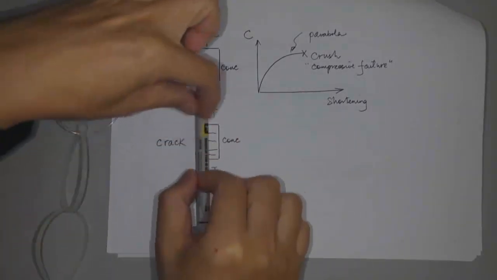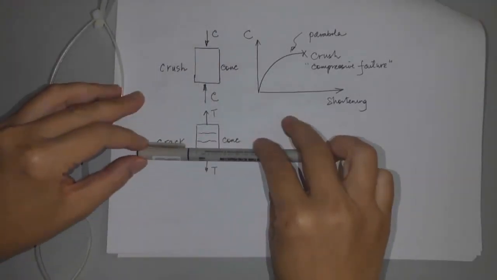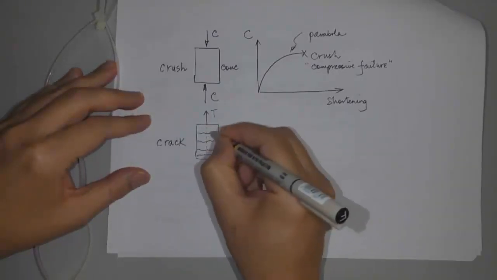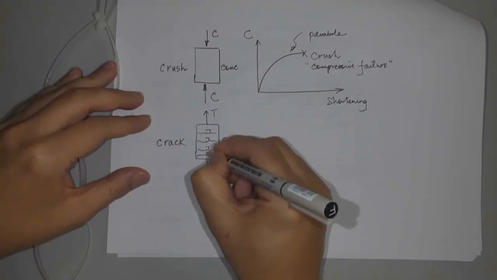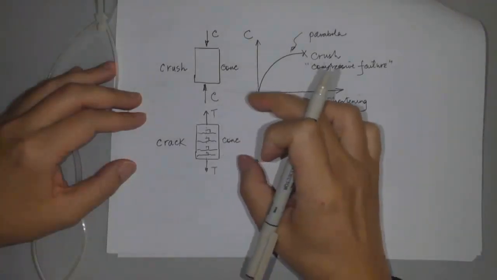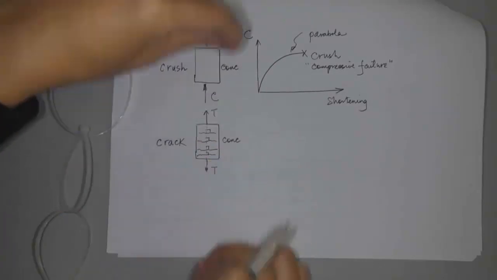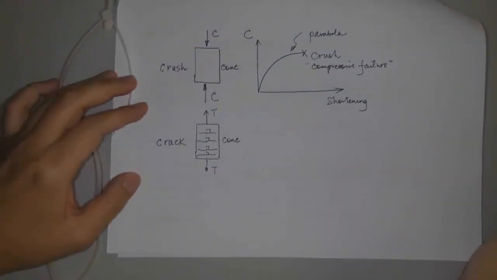This is the direction you try to pull, and that's the direction of the crack lines. And you don't need to apply much load, just a very little T. It's able to crack this piece of concrete because concrete is very weak in tension.